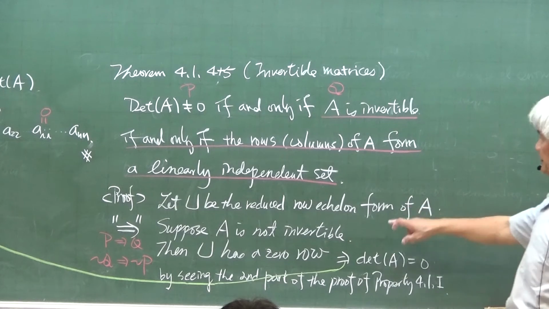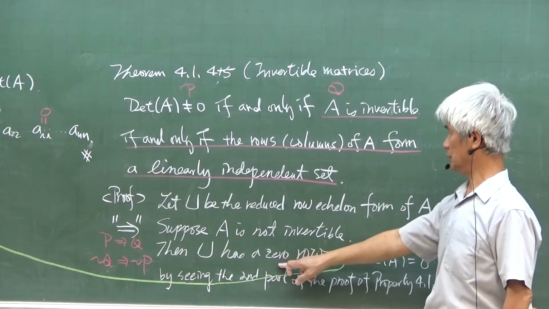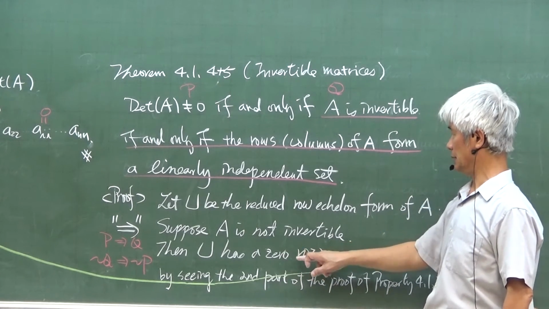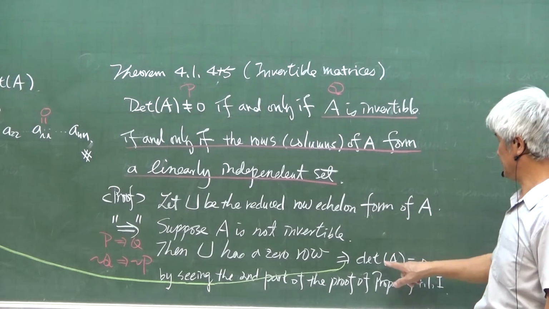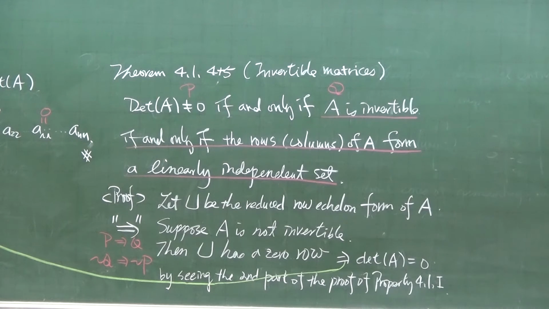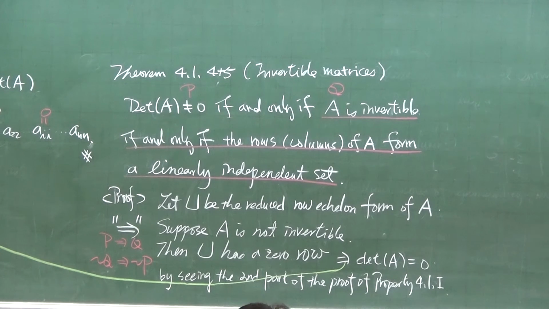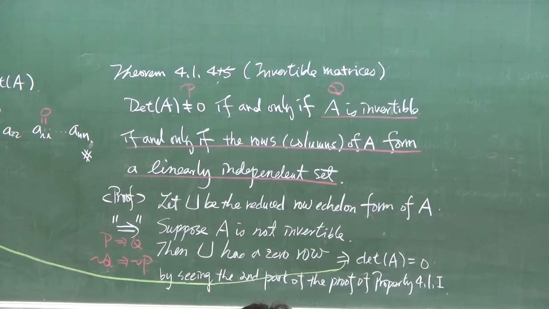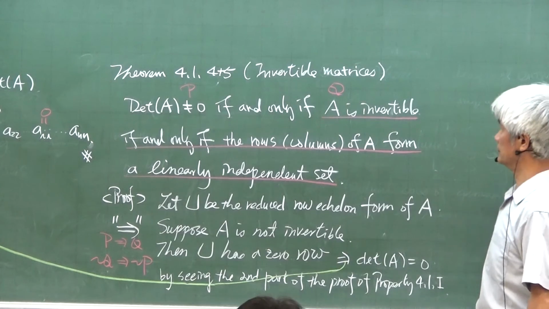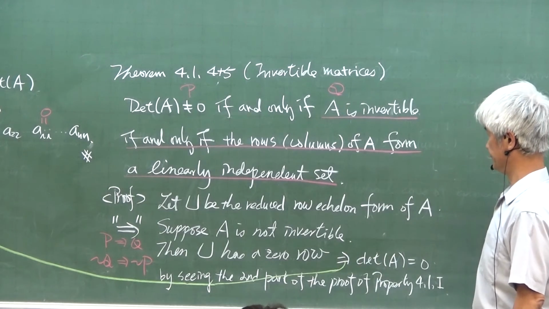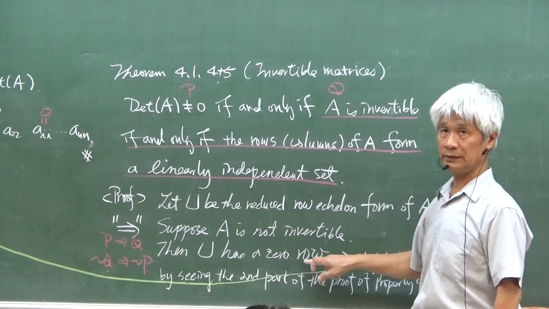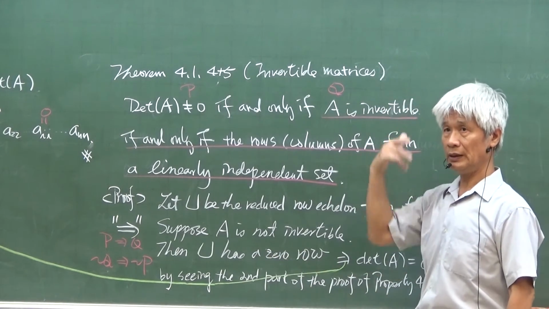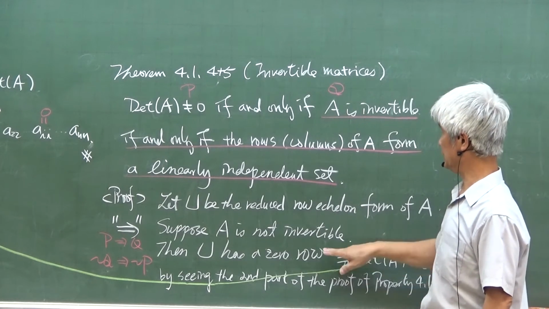So if A is not invertible, we know U must have a 0. Okay. So the determinant of A is 0. And the reason why it has a 0, you can remember from the discussion in chapter 3.